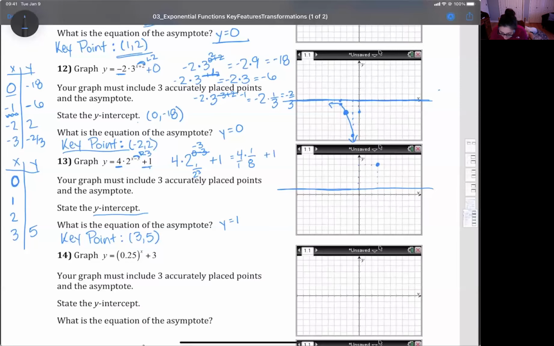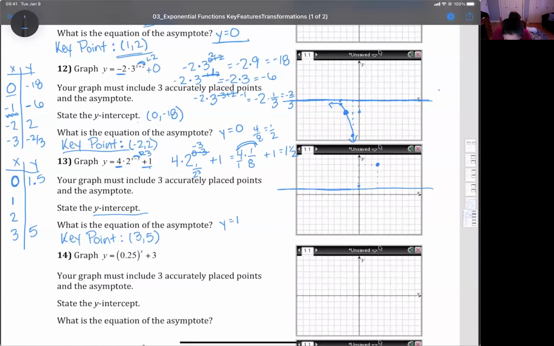So this would give me, from just this part here, 4 over 8. That simplifies to 1/2. So 1 plus 1/2 would be 1.5. Okay, so I'm going to plot that 0, 1.5. Okay, it's off my graph.